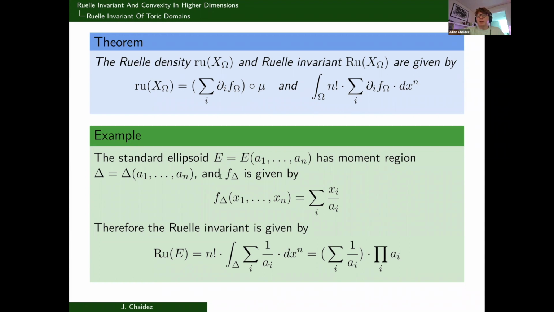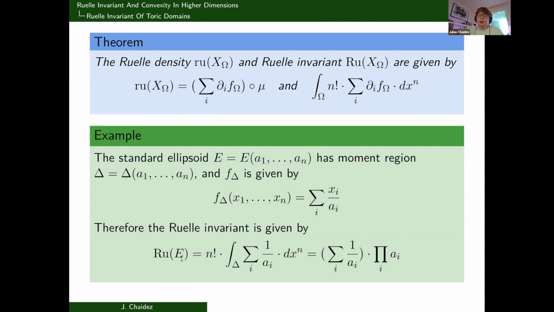The function f for this particular toric domain is given by just the sum over i of x_i divided by a_i. And the Ruelle invariant is therefore given by this integral, which I can easily calculate because the function that I wrote down in the theorem is just constant.